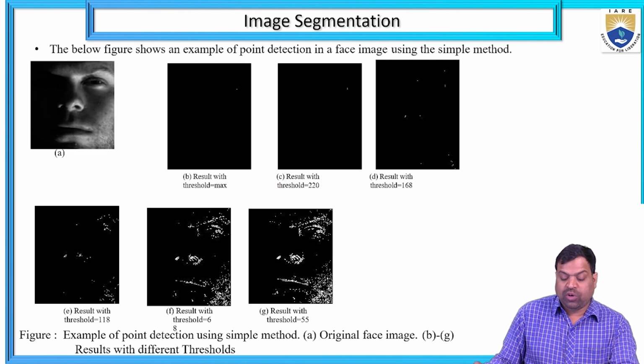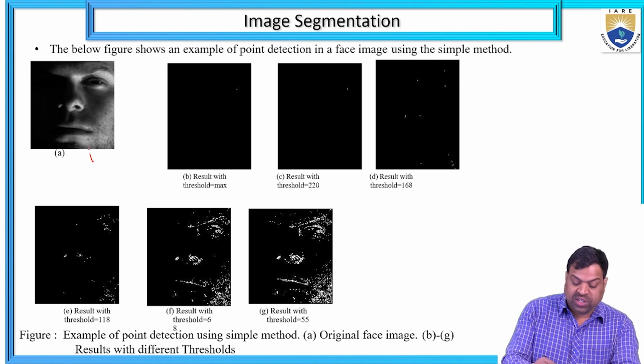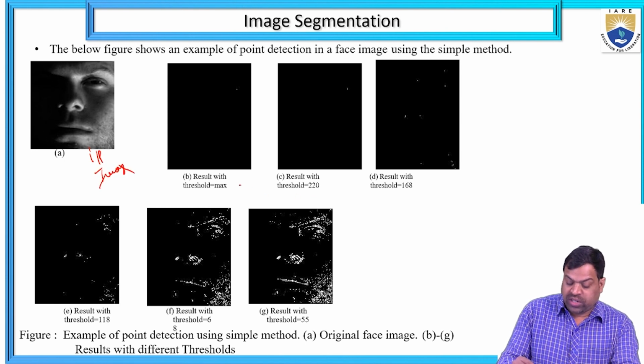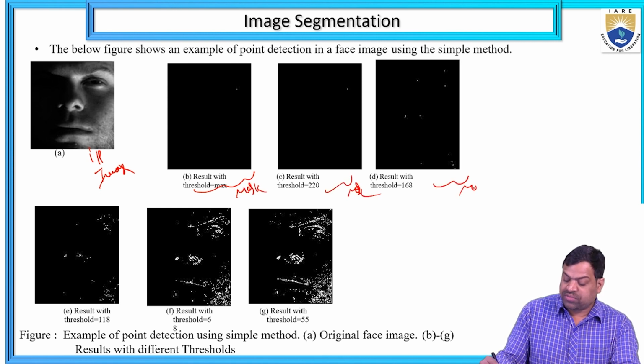The figure below shows an example of point detection in a face image using the simple method. This is the input image. Here the mask is applied and the threshold is at maximum. Is it visible? No, the image is not visible.